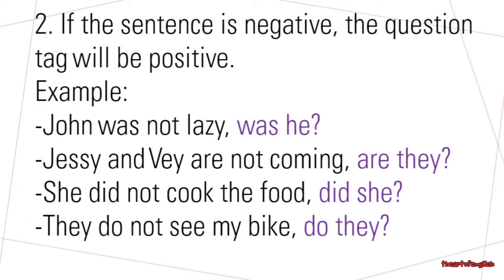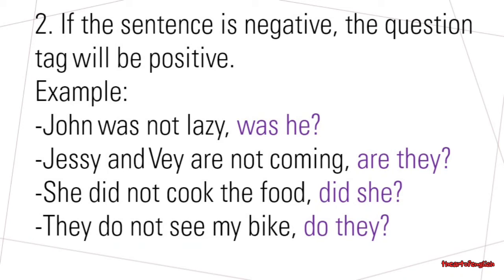So, are they? The third one: she did not cook the food, did she? In this sentence, it used a past tense sentence, and because of did not, we just change to did, and then we put the subject she at the end. So that will be the question tag.